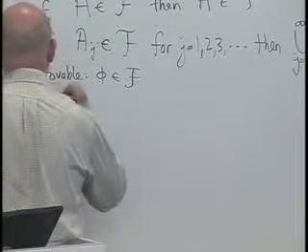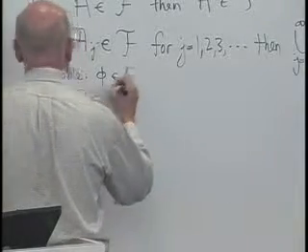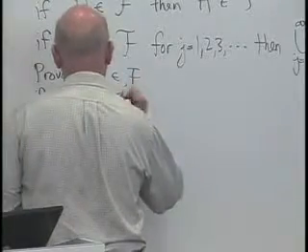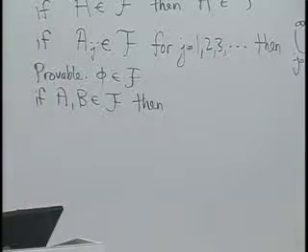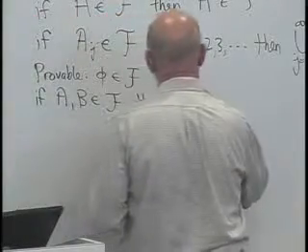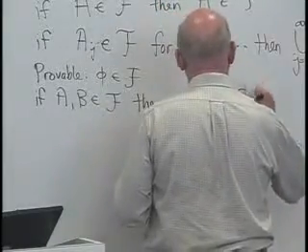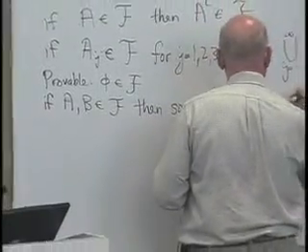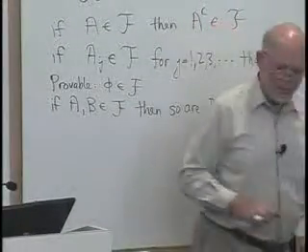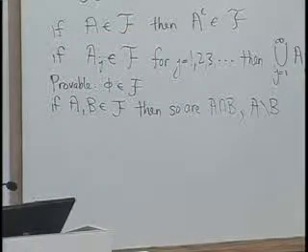And if we have two events that are in our event space F, then we can also show, and I did show this last week, that the intersection of the two events is in the event space, and the difference of the two events, the first event take away the second event, is also in the event space.